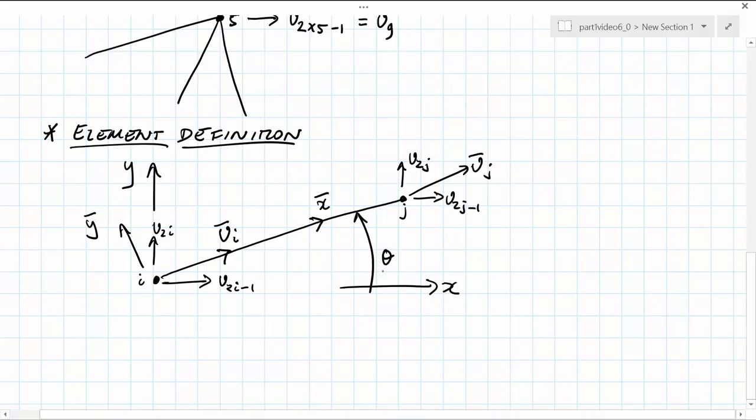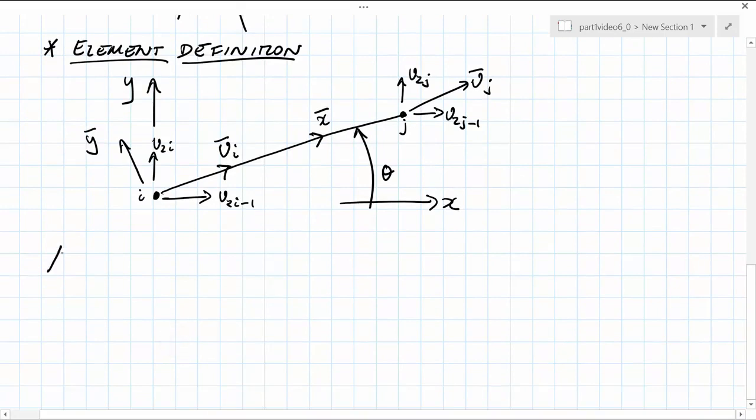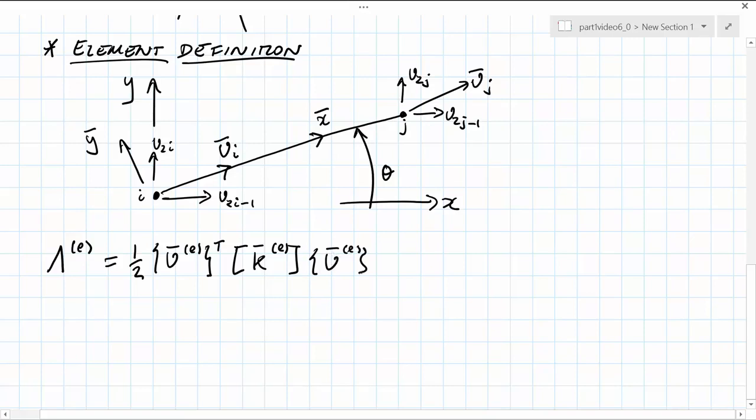Using the generalized formulation of strain energy discussed in the previous video, the strain energy for the truss element is given by lambda E equal to half times the transpose of the displacement vector in the local coordinate system times the local element stiffness matrix times our displacement vector, from which we subtract the transpose of the local displacement system times our local element force vector.